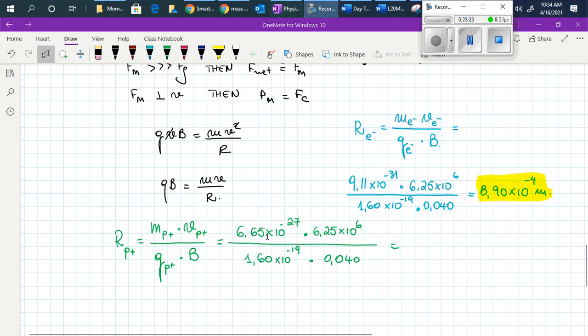My bad, the mass of the proton is not 6.65, it is 1.67 times 10 to the power of negative 27, my bad.